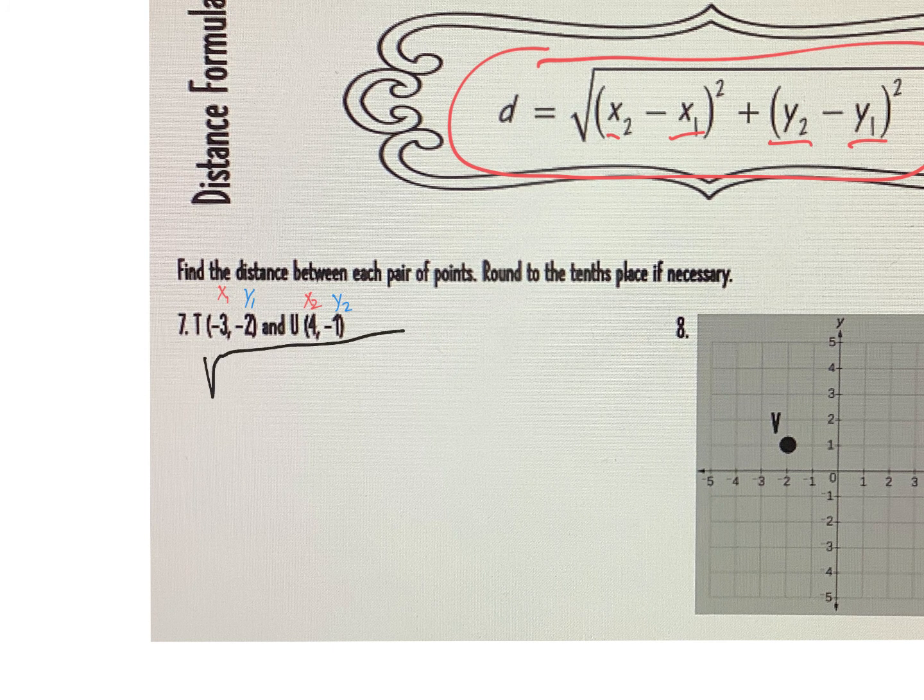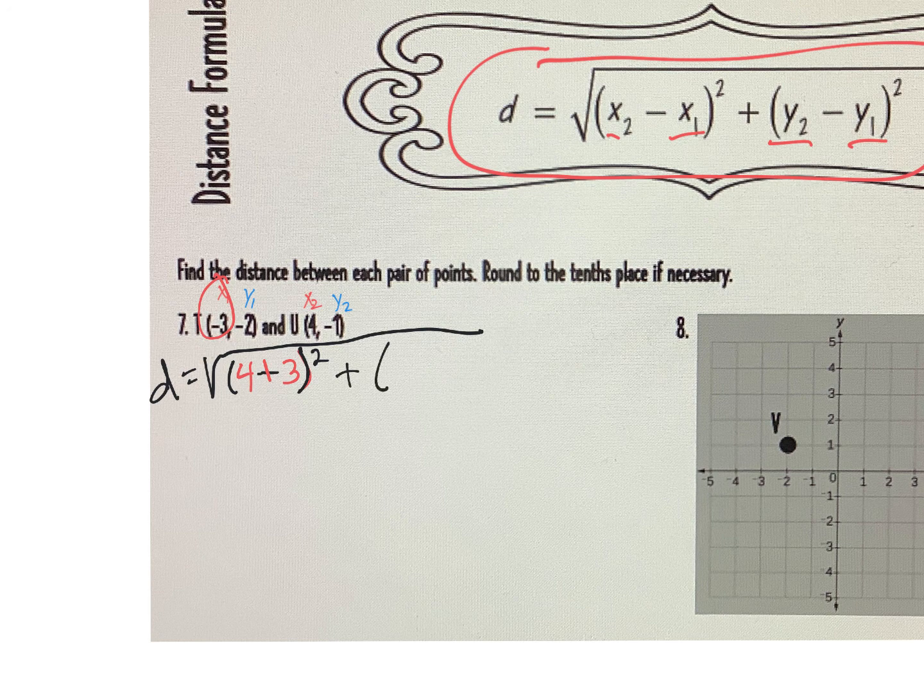So I have my square root, and then, what is my x2? x2 is 4. So I'm going to put my 4, my minus stays the same, and then my x1. My x1 is a negative 3. A negative and a negative make a positive 3. And then you still have squared.